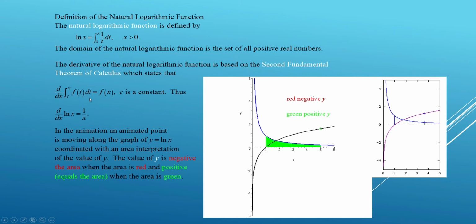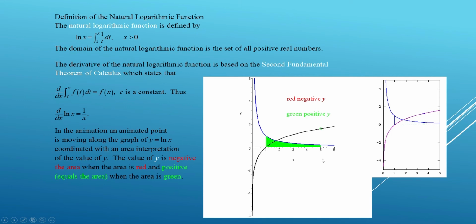You get f of x. So the derivative with respect to x of the natural log of x, based on this definition, would be this 1 divided by t, replacing t with x: 1 divided by x.